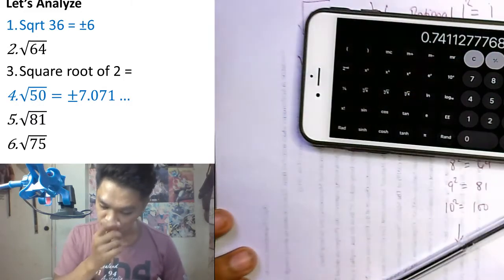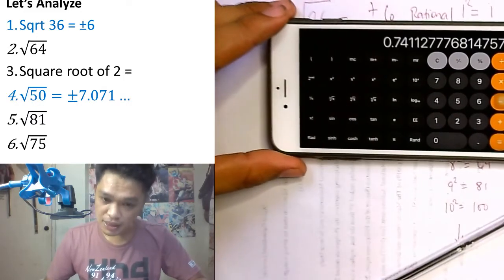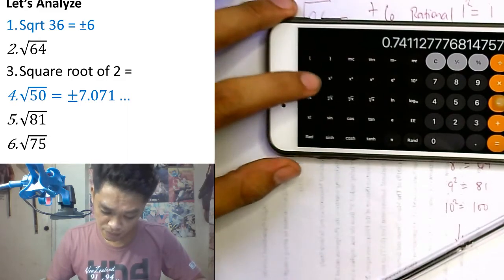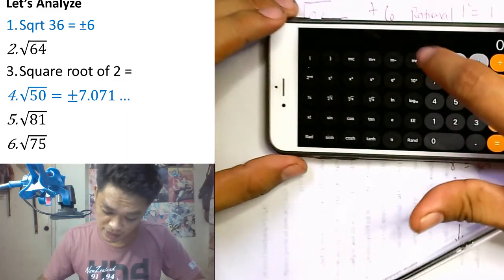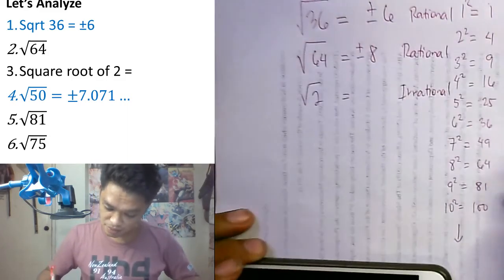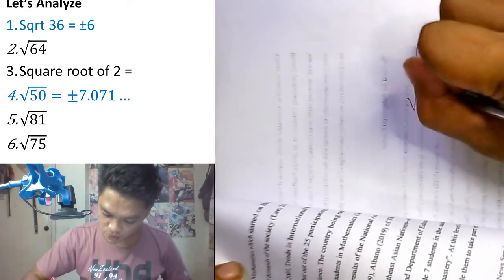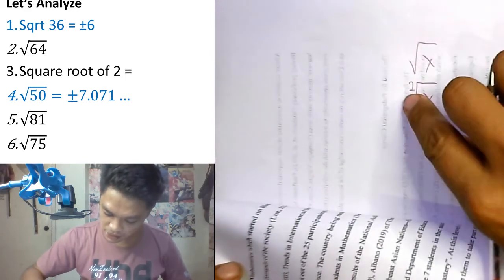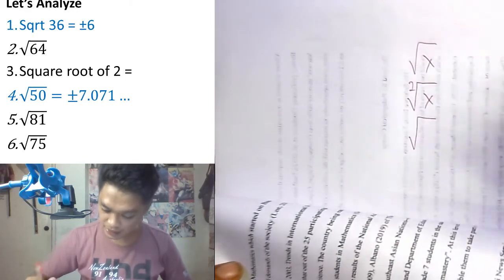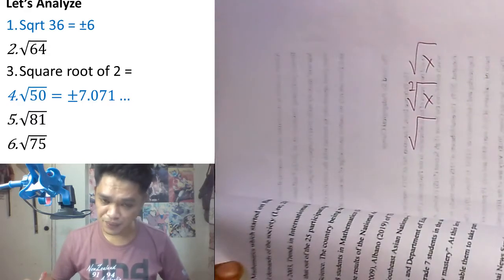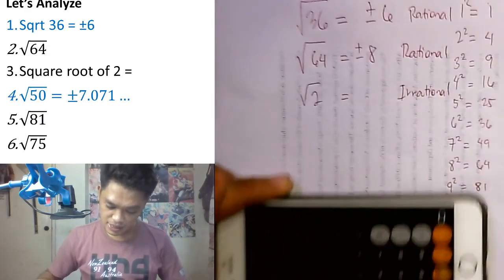Using your calculator, it must be in landscape format, or you rotate it. The symbol is usually the square root of x, or with a 2 here, or simply like that. These are all the same, square root.